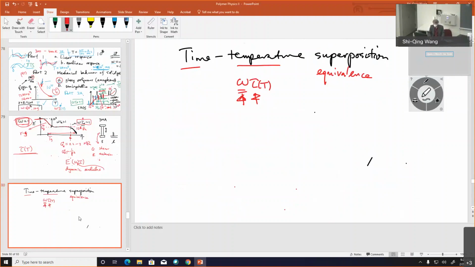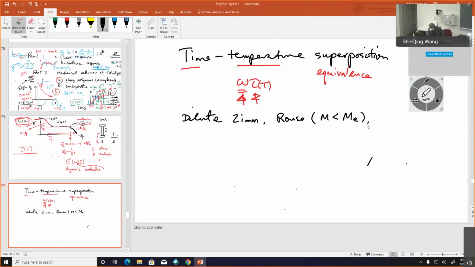When I say that, I also mean I do want you to connect all the theory from dilute Zimm theory to the Rouse model for unentangled melts to the reptation idea, the tube model, for entangled systems.